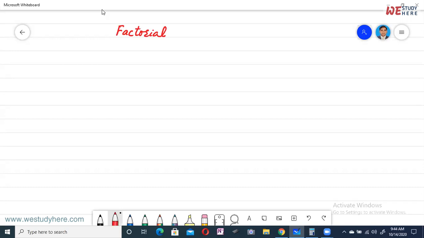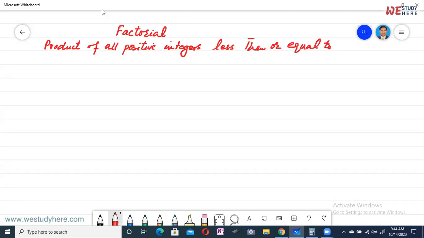What is factorial? The product of all positive integers less than or equal to n is the factorial of n.